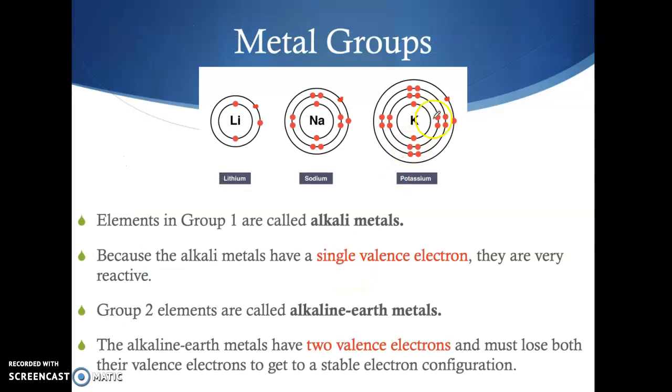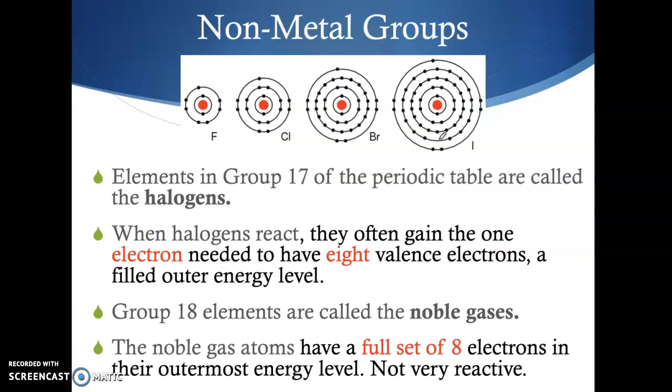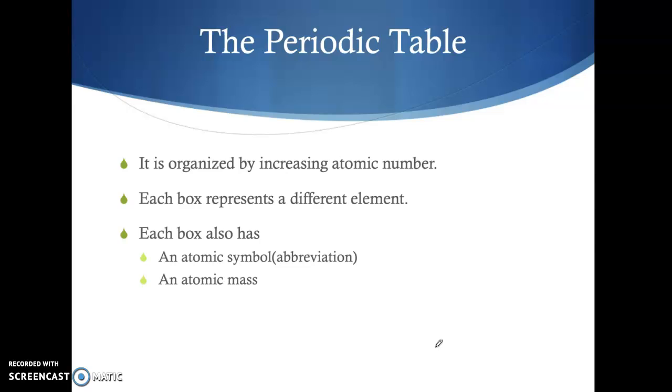Versus if I looked here, if potassium loses this 1, it ends up with 8 in its outer shell as well. So that's something we'll get to more later. But in the last column, group 18, we have a full set of 8 electrons, and they are not very reactive.